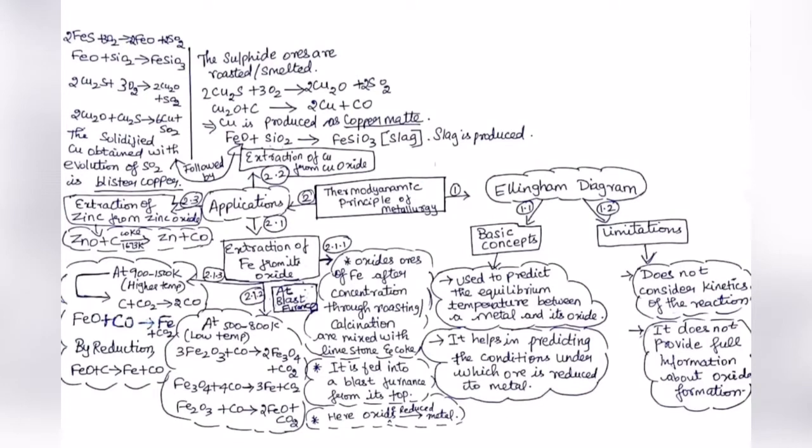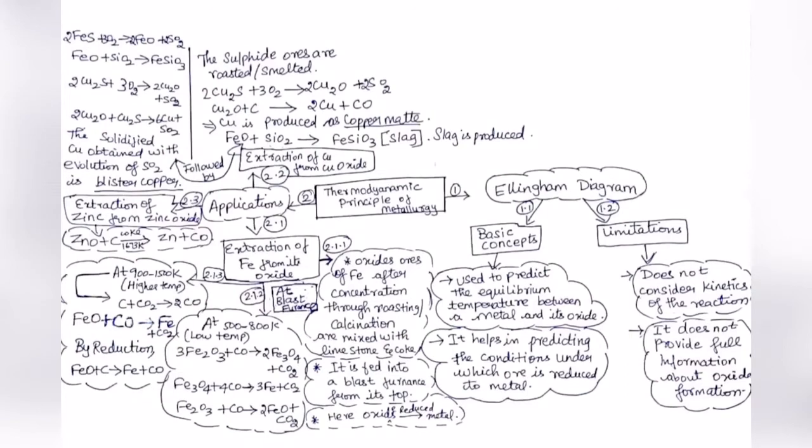Then Fe3O4 plus CO gives Fe plus CO2. Note, balancing of the reaction is very important. Then Fe2O3 plus CO gives FeO plus CO2. In this step Fe2O3 plus carbon monoxide gives iron oxide plus carbon dioxide.